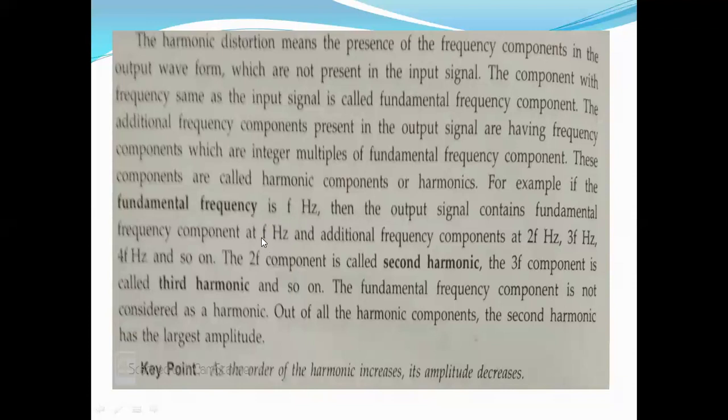But in addition to this frequency fh, we may have some 2f or 3f or 4f. That means at these frequencies also we may have some signal. These additional frequency components 2f, 3f and 4f are called unwanted frequency components.